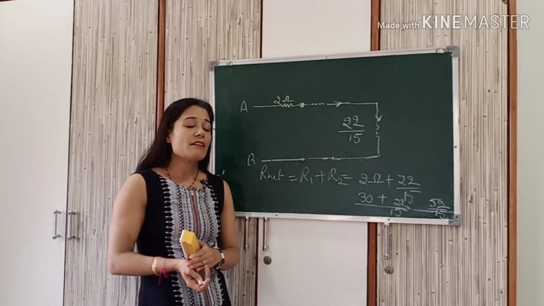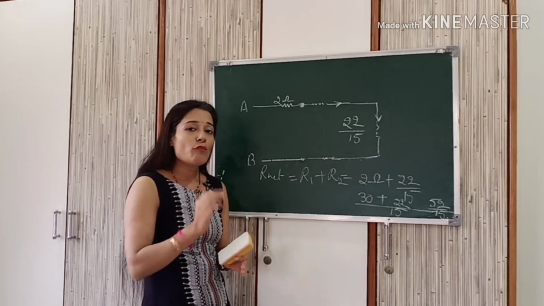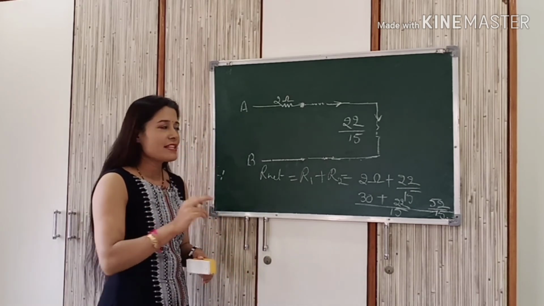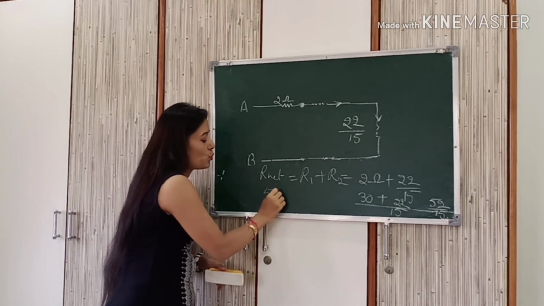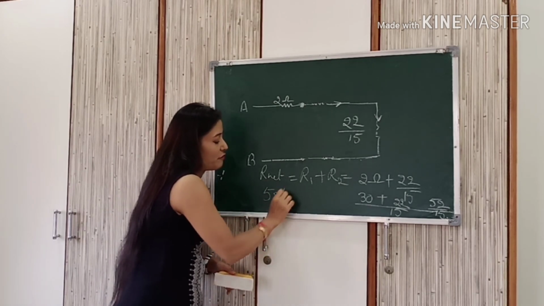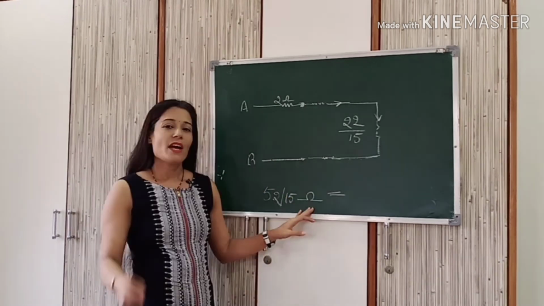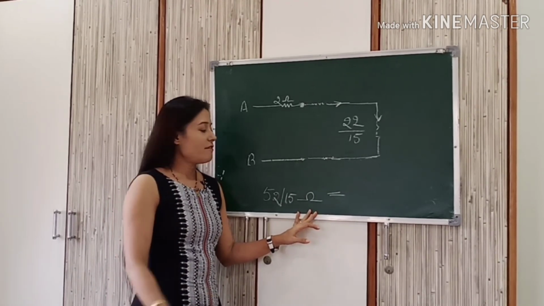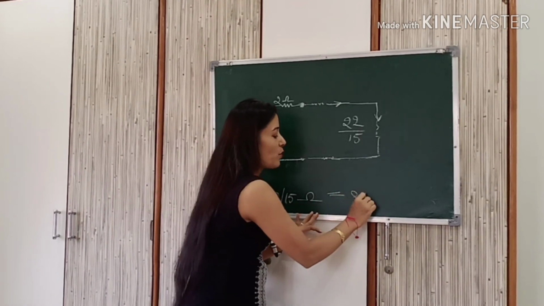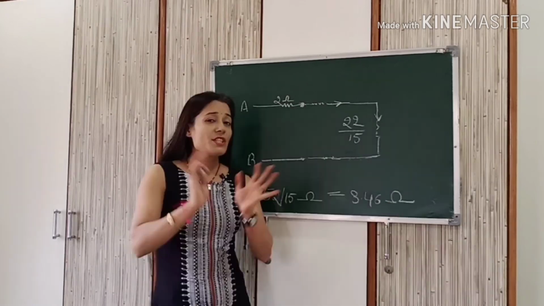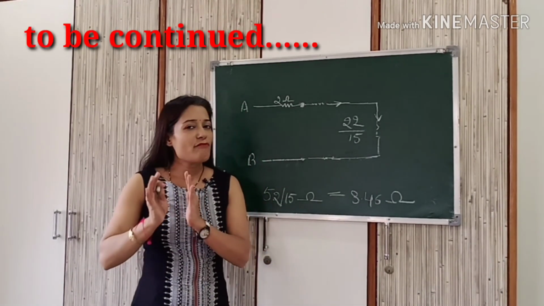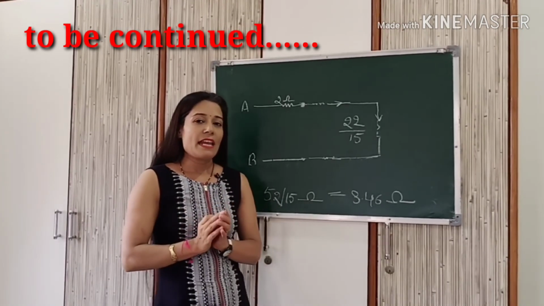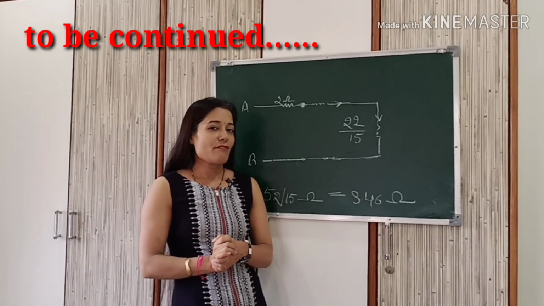So the value of the net resistance of these two resistances is 52 by 15 ohm, or in simpler terms, it will be 3.46 ohm. How easy is that? You simply have to do every sum step by step, and then it will be easier for you to solve it.